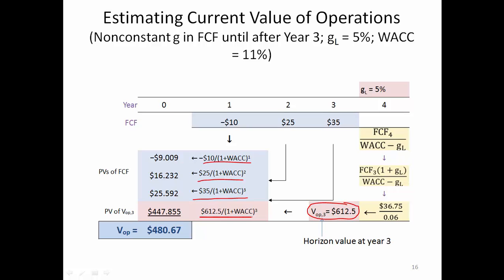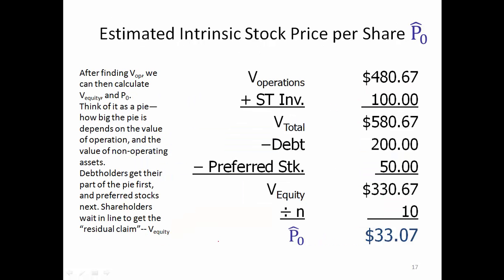So we have 612.5 divided by 1 plus r to the power of 3. Then we add up all these present value results. We got the total, and that is the value of operations at year 0, which is 480.67.